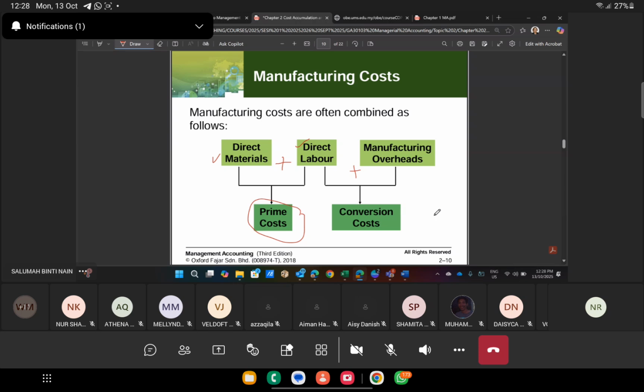So in your midterm or your quiz, maybe they will give you some calculation, some situation. So what is the prime cost? Maybe they give you, this one is 10 ringgit, this one is maybe 5 ringgit, and this one is maybe 8 ringgit. The total manufacturing cost is how much?